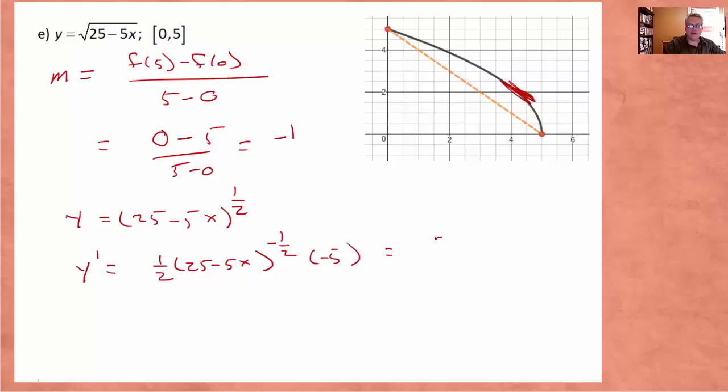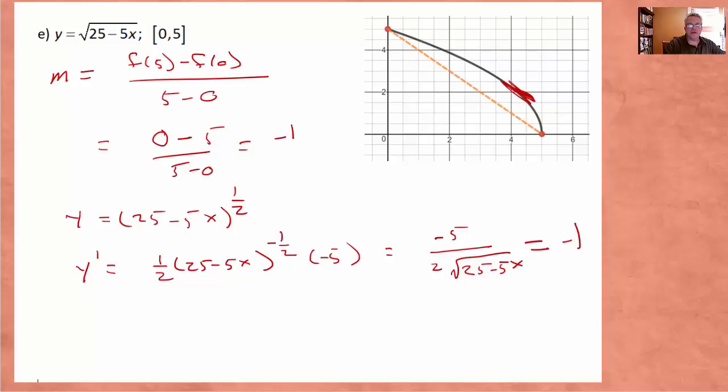And we get negative 5 over 2 times the square root of 25 minus 5x, and we want that to equal negative 1.